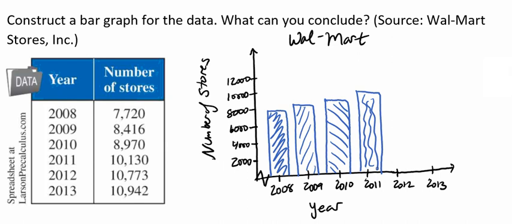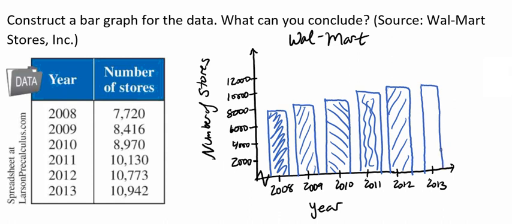For 2012, there was 10,773, so not quite to 11, so just a little bit higher than where we were just at. And then for 2013, we had 10,942, so almost 11, which means almost at the halfway mark, but not quite, just a little bit above our 2012.